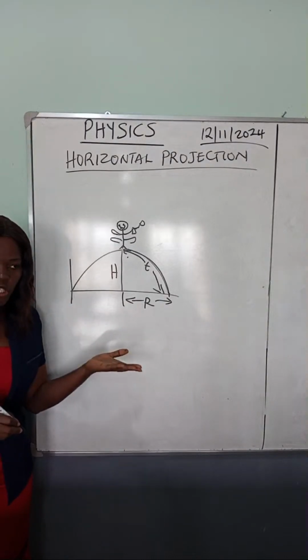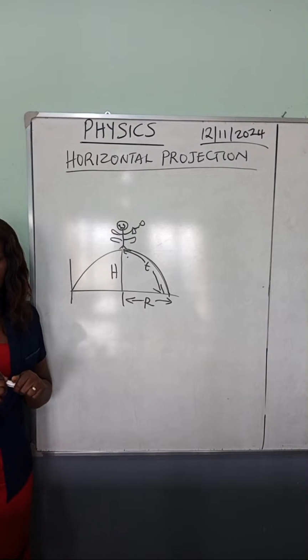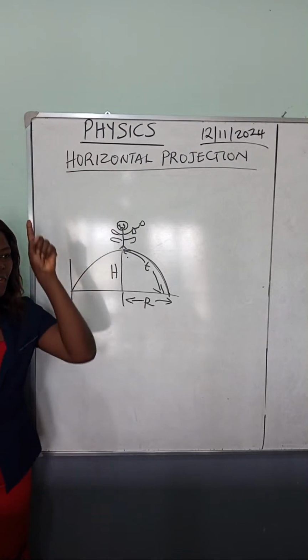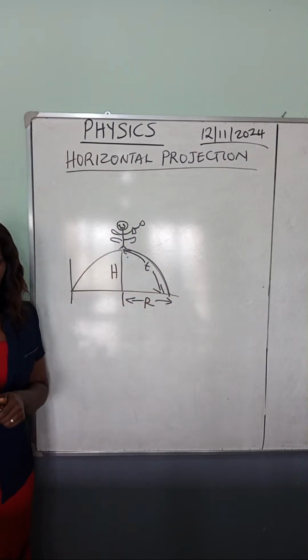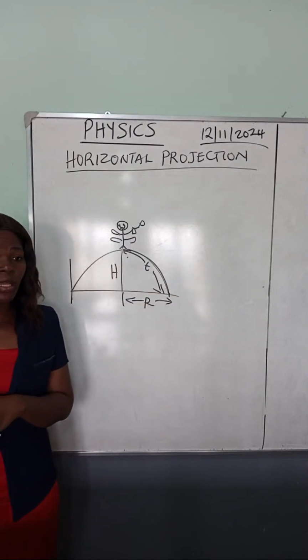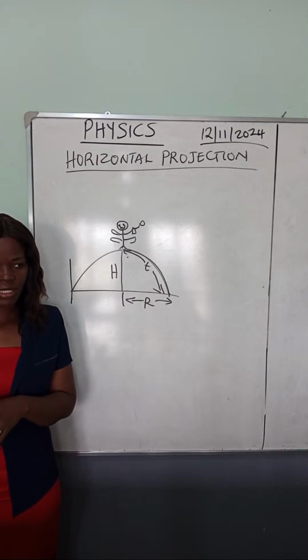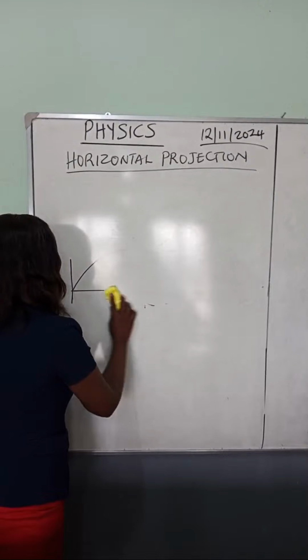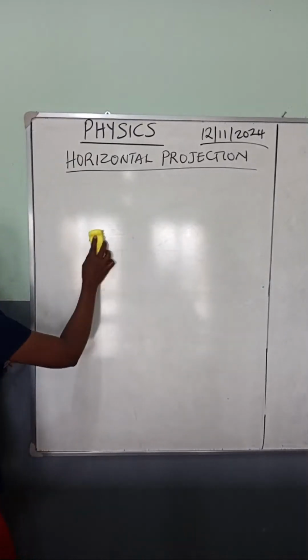In horizontal projection, you don't consider the time to reach vertical and time to return. Now it's not going vertical, it's just coming down. And we are using the equation of motion under gravity. Now let me do a sketch and explain further with it.